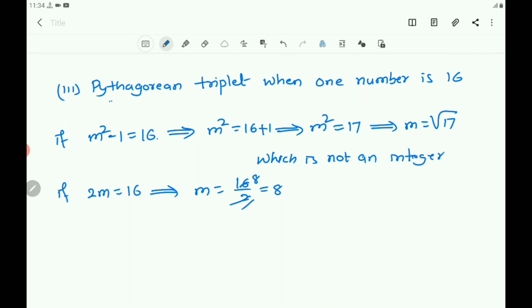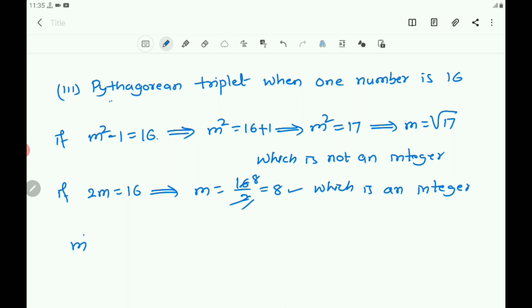That is okay. You got the m value greater than 1. Then you find the other two numbers. When one number is 16, you got the value of m is 8. Then you find m square minus 1. Put the value of m that you got here, that is 8, which is a positive integer.